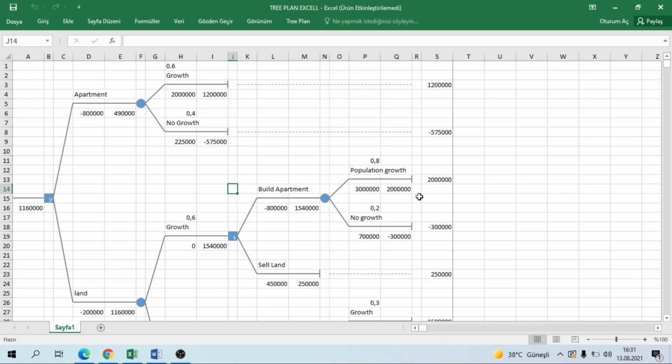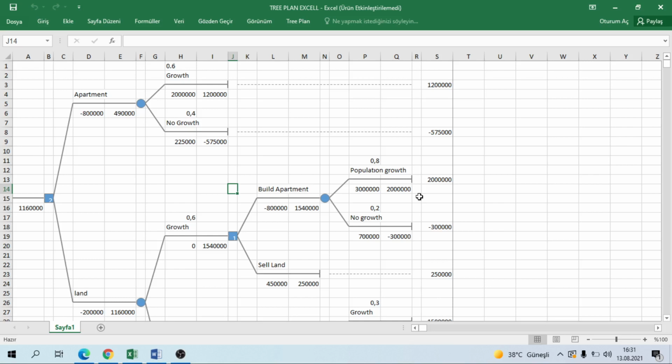As shown in the figure, decisions are available in the first node. The first option is to buy land, and another option is to buy an apartment. The cost in both cases is shown. There are 2 options available.